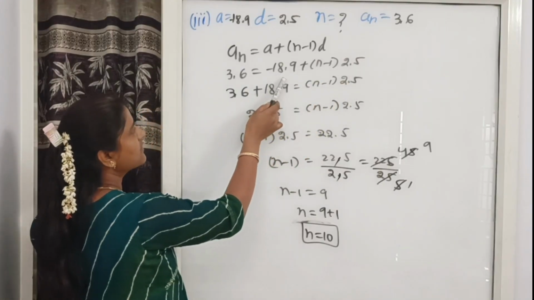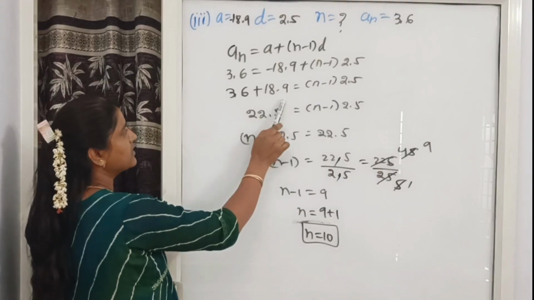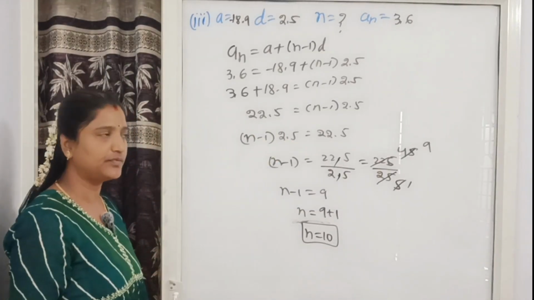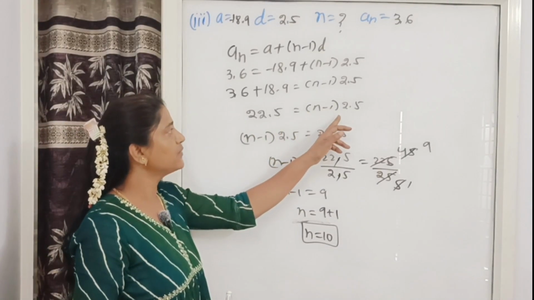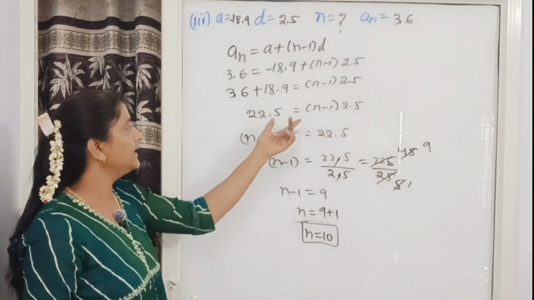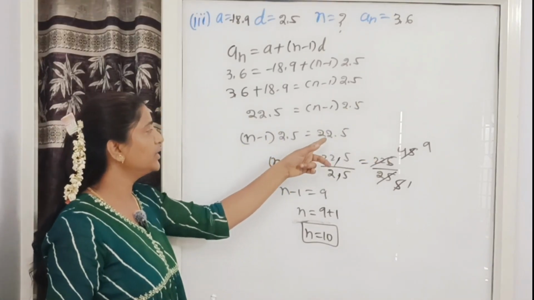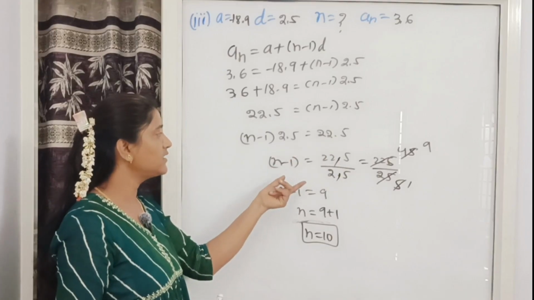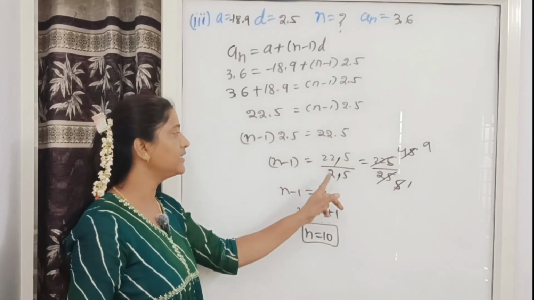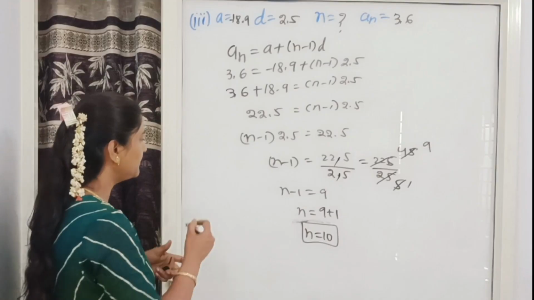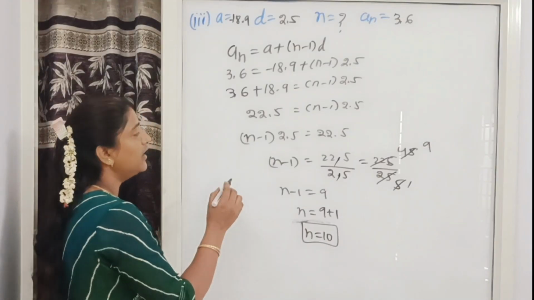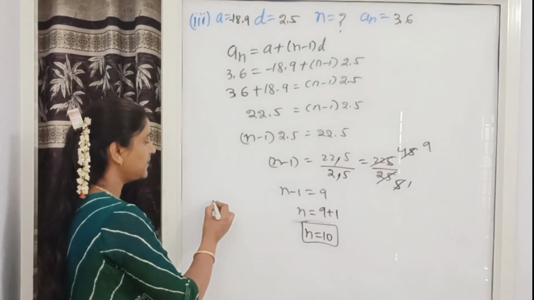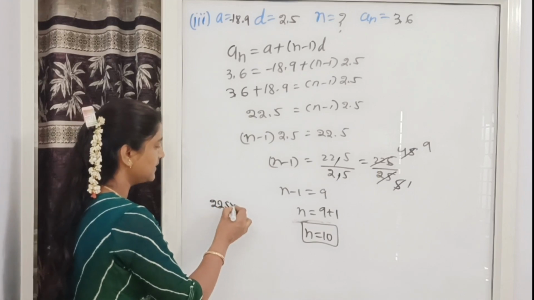If you transpose this to the other side it becomes positive and it becomes 22.5. So n minus 1 into 2.5 is equal to 22.5. n minus 1 is equal to 22.5 upon 2.5. See here also there is one decimal. To cancel the decimal it has to be multiplied by 10, isn't it?